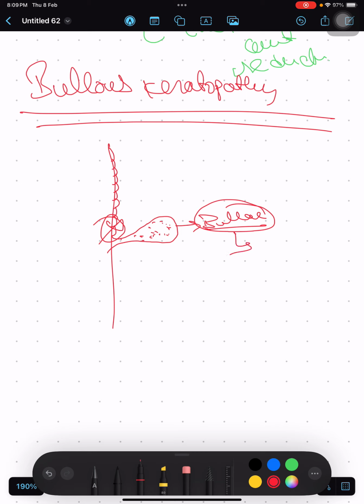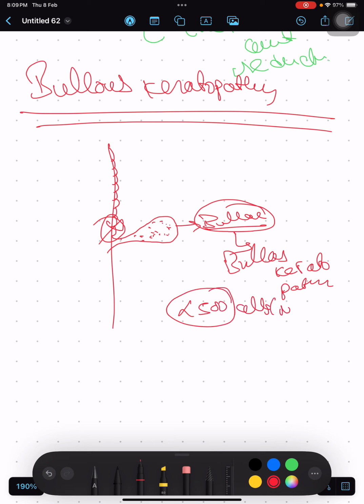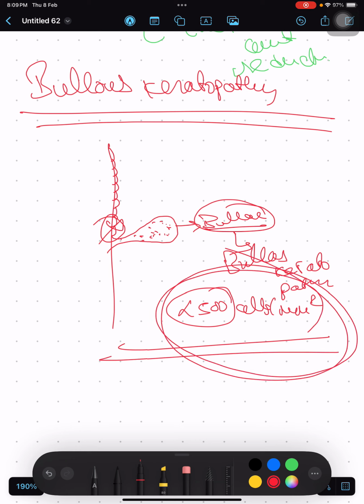This mechanism is known as bullous keratopathy, and it occurs whenever the corneal endothelial count is less than 500 cells per mm square, usually at this particular count. I hope we are clear till here.